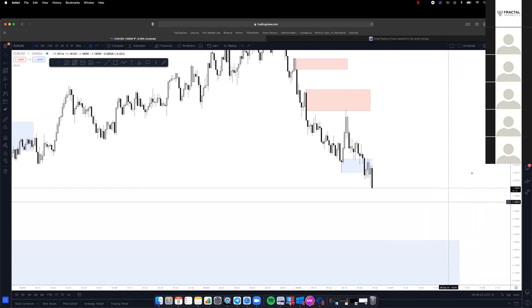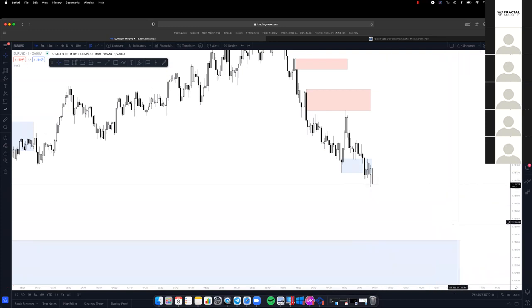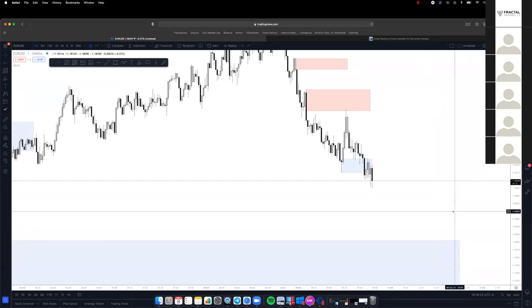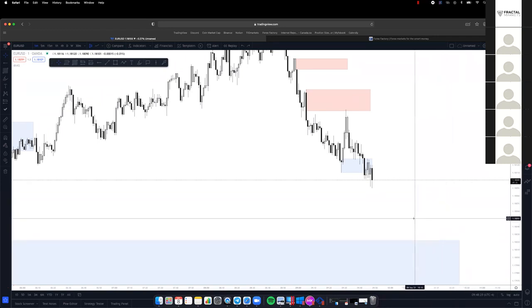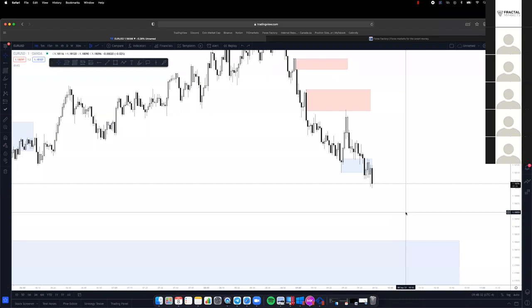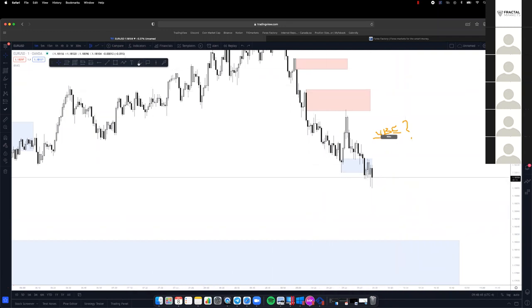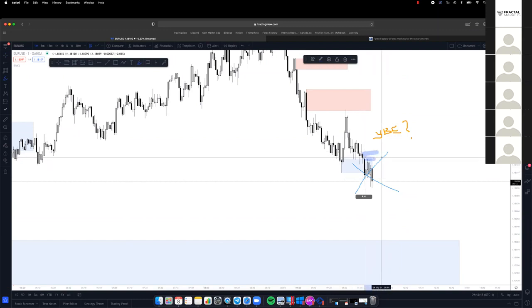Well, I'm already in this trade and I'm at break even now. I was pretty explicit, I think, with what caused this to break.